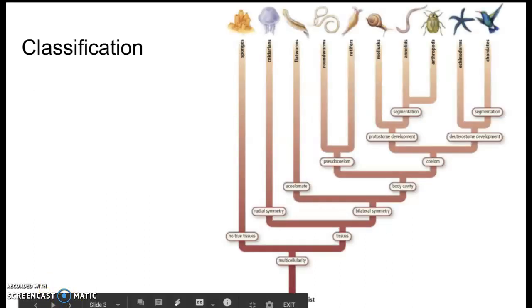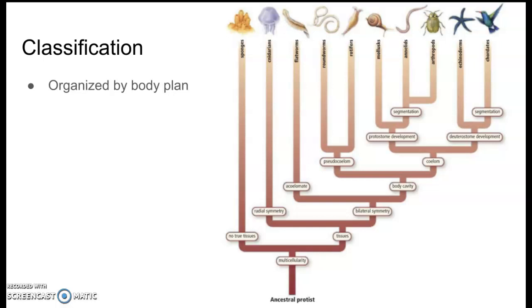Okay, so we're going to start talking about animal classification. When we talk about animal classification, we are organizing animals by something we call our body plan. So the body plan is a set of developmental features or common physical characteristics that a group has that divides them into their own group.